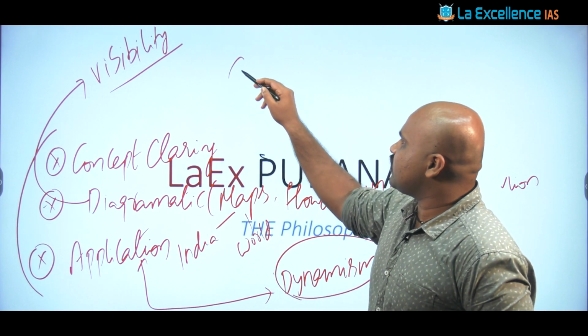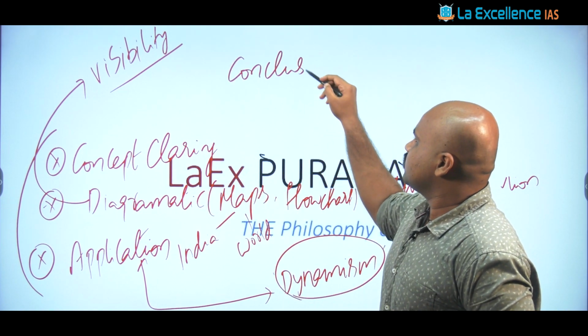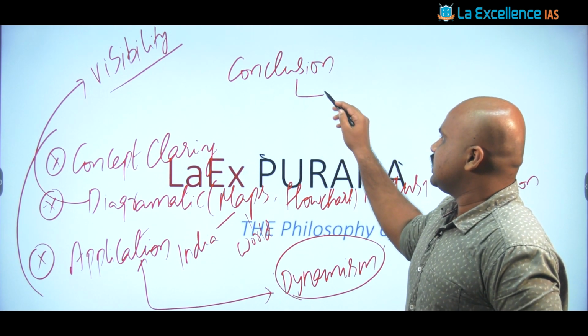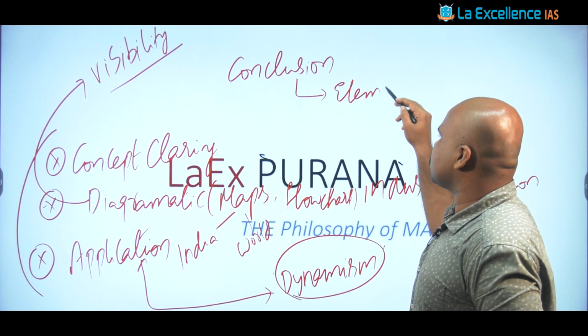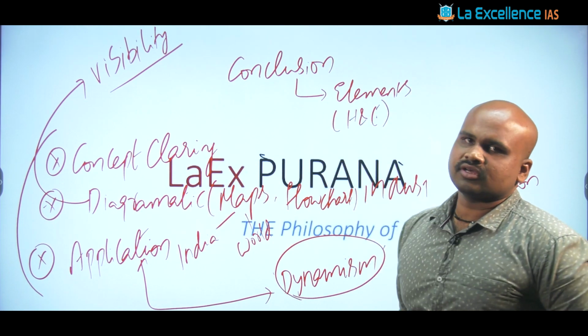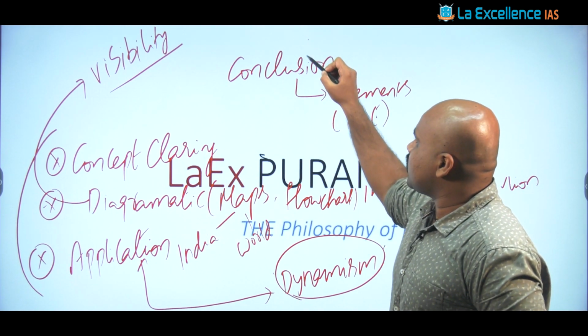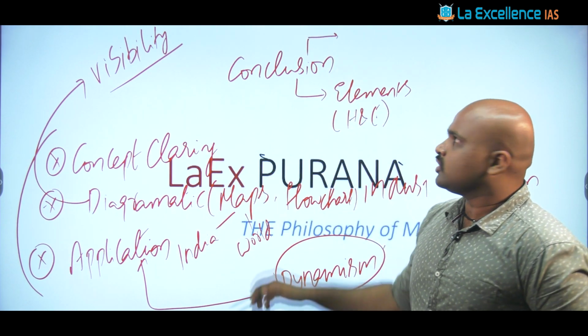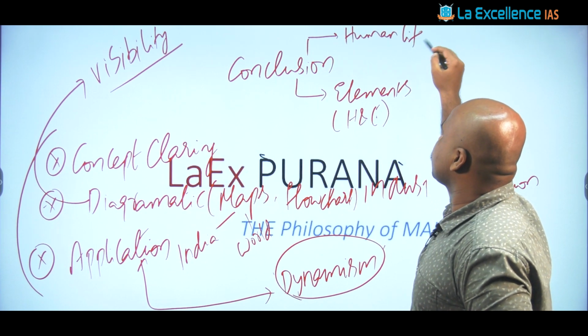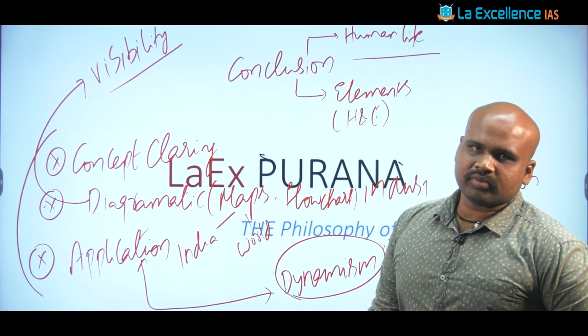The ways of concluding a geography answer are very simple. Either go with the different elements of geography, that is the human as well as the economic aspect, or talk about how this particular concept is impacting human life.